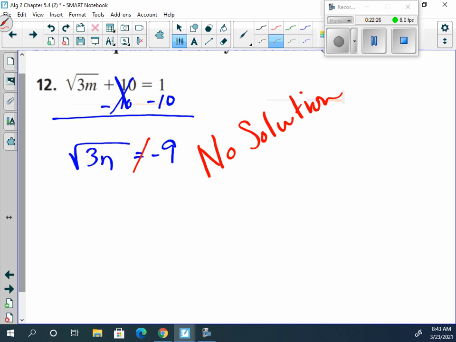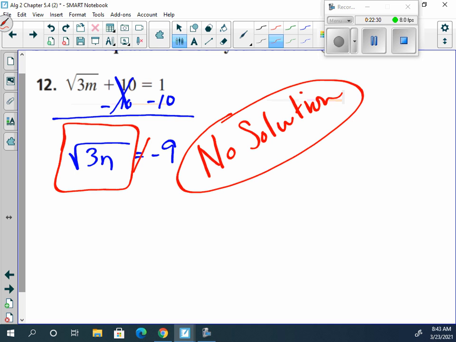But before you jump to no solution, make sure the radical is by itself. Because if this had been negative square root of 3m equals negative 9, then we would have a solution, because again we need the radical to be by itself, and we would have divided by the square root of negative 1, which would have made the 9 positive.